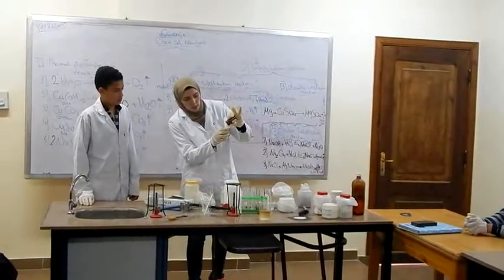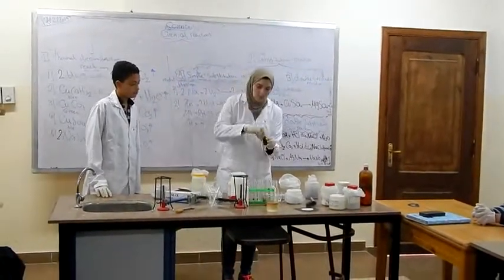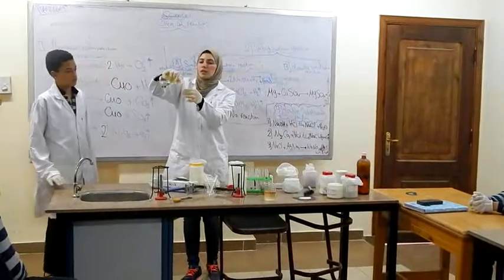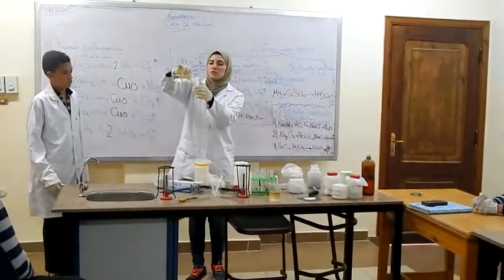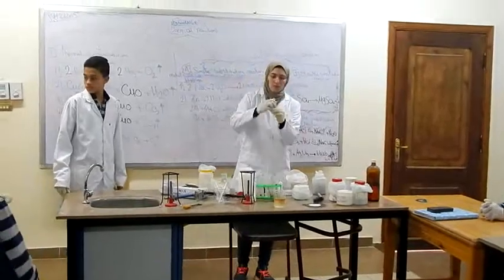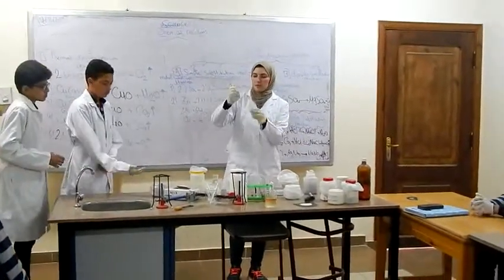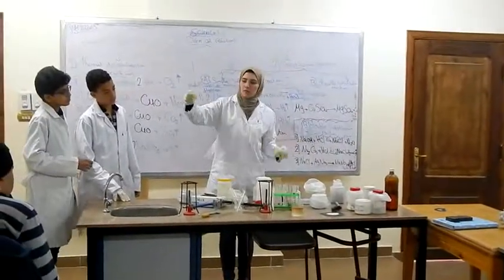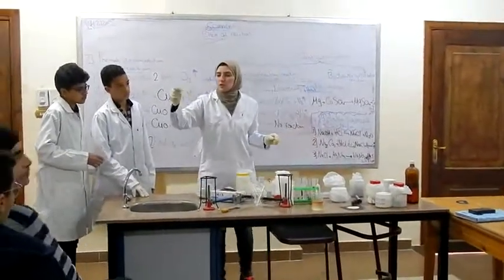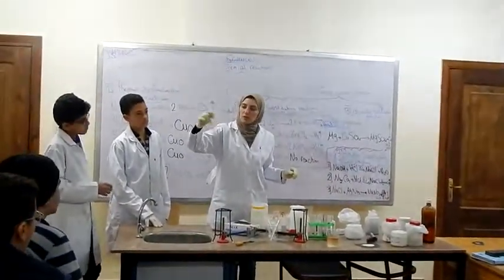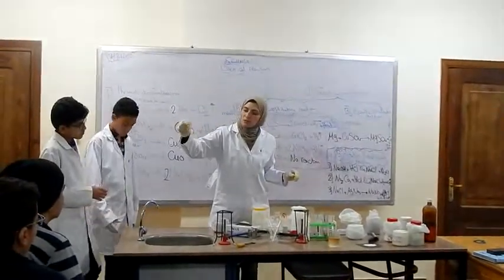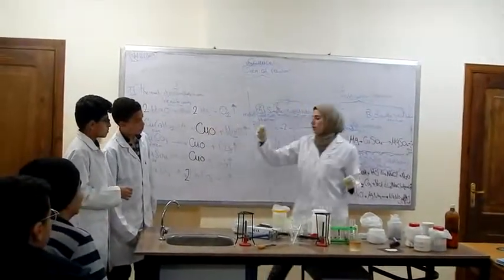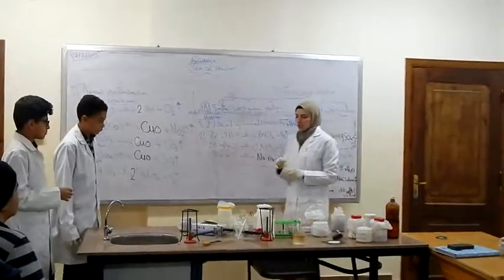Take this amount of silver nitrate, and add some water to the solid to prepare a solution of sodium nitrate. All the solid is soluble in the water. Okay, sodium chloride with silver nitrate.